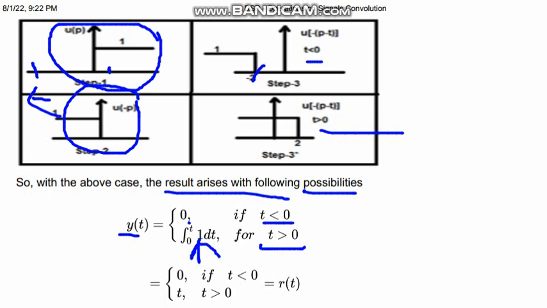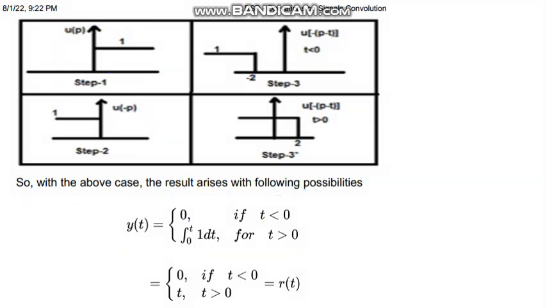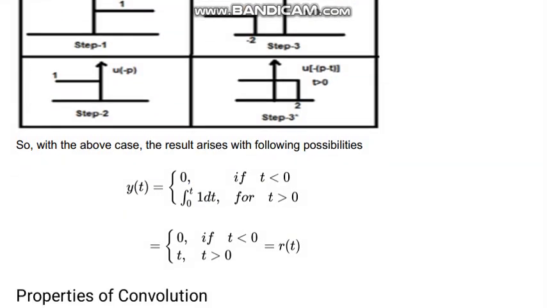Now, after integrating, you get the result: 0 if t is less than 0, and if you integrate this for t greater than 0, you will get t, and that is the function r(t) here.